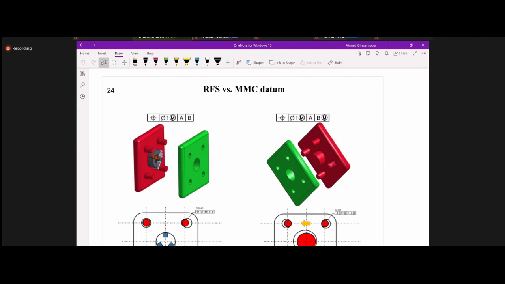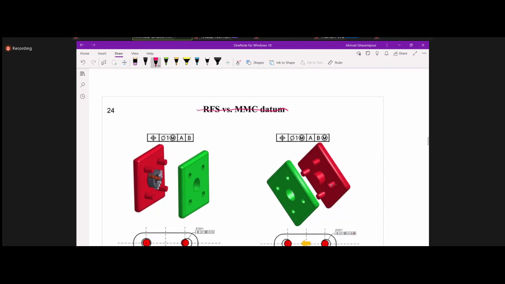So because some datums have size, you could have material condition attached to them. It used to be that RFS and MMC were applied to datums, but since 2009, there's new terminology.